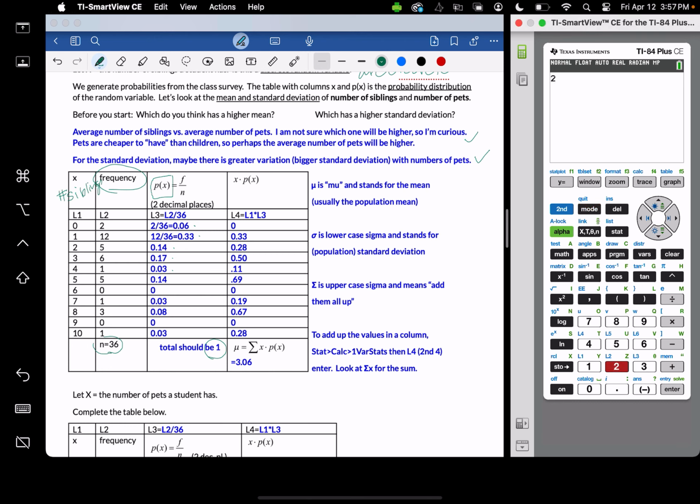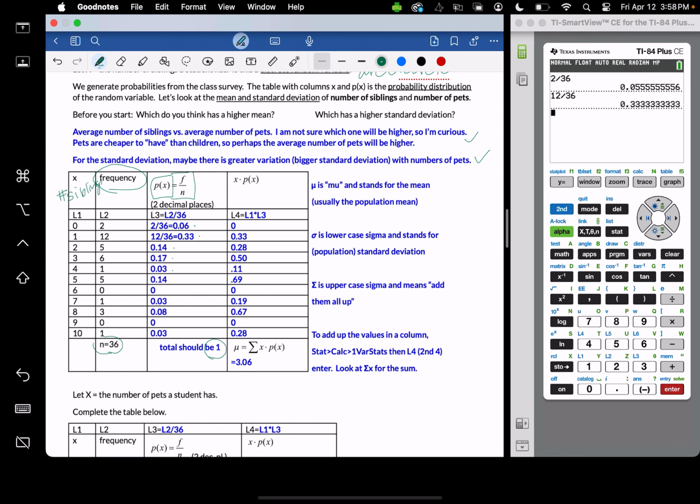When we divide 2 divided by 36, I get 0.0555, so I round that off to 0.06. 12 out of 36, 0.33, okay, and so on down the list. So the way we write this formula is we just say frequency divided by n, and that's what we were doing.